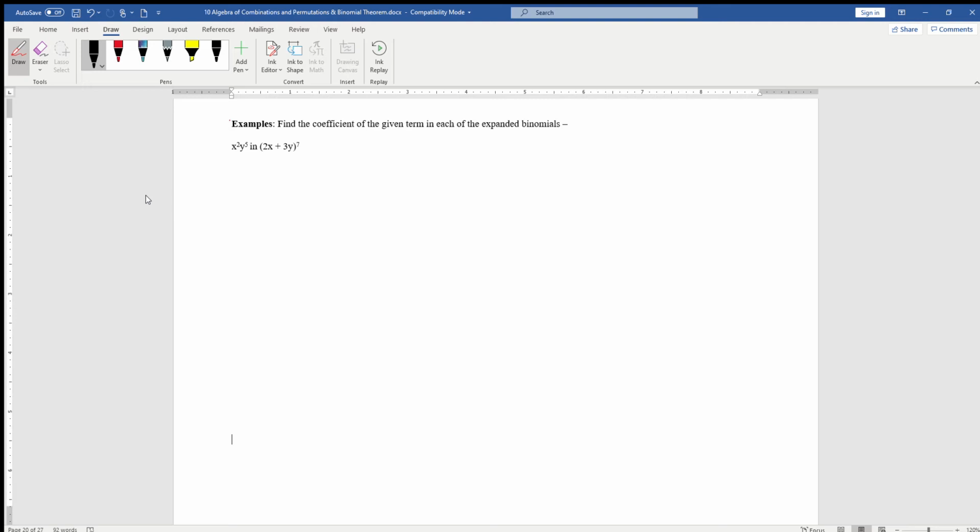So to find the coefficient, all we have to do is identify a, b, and n, and then plug it right into the formula. So in this case, a is going to be 2x, b is going to be equal to 3y, and n is going to be equal to 7.